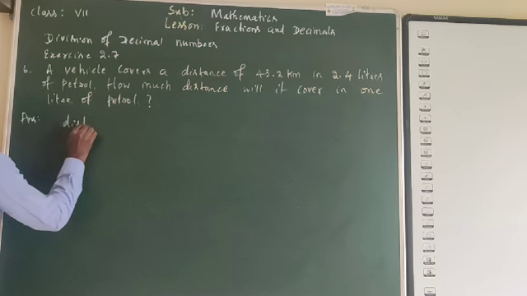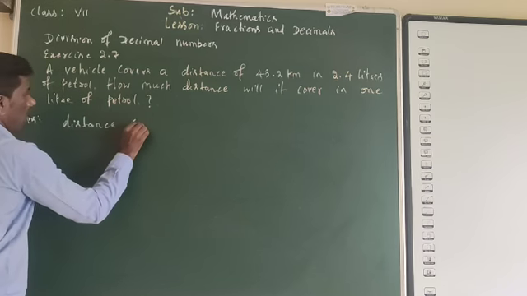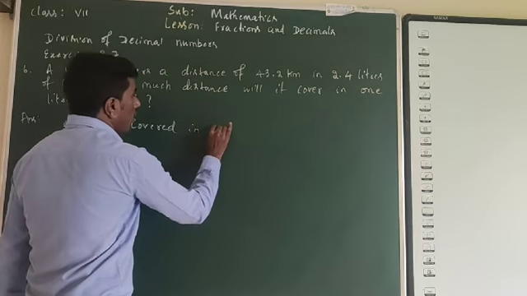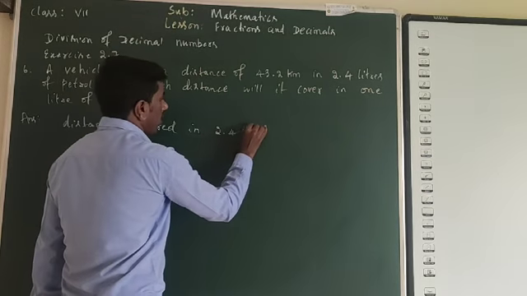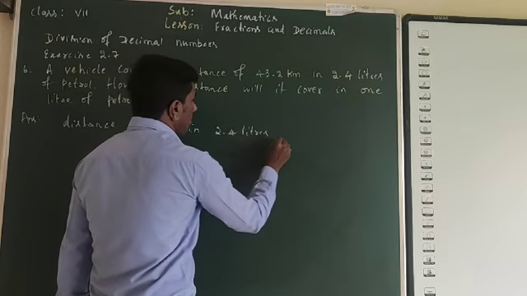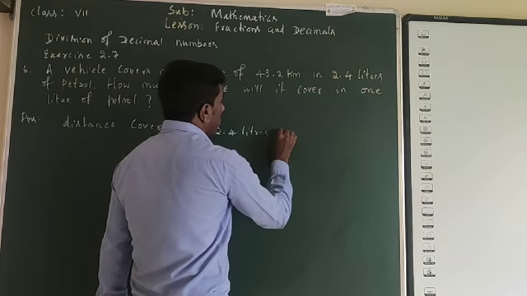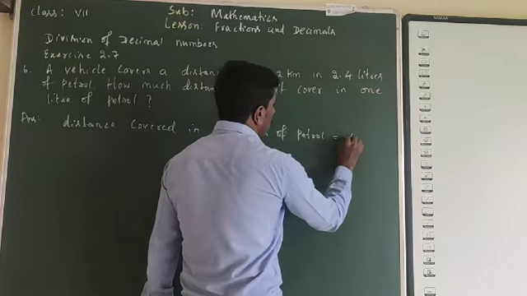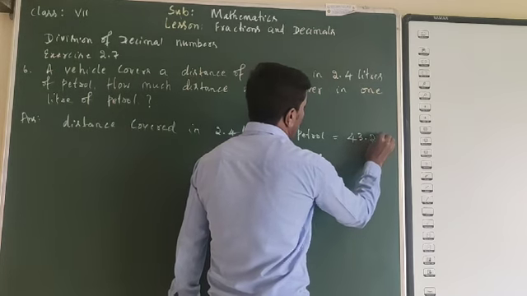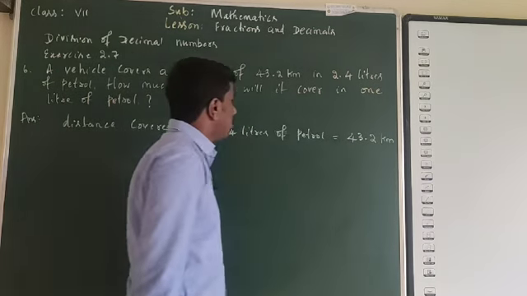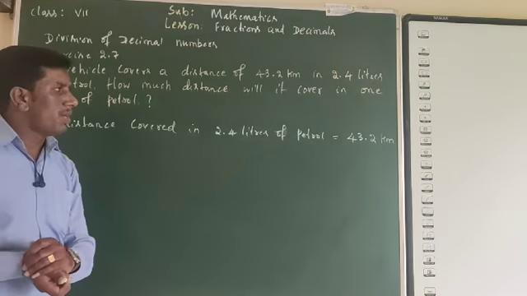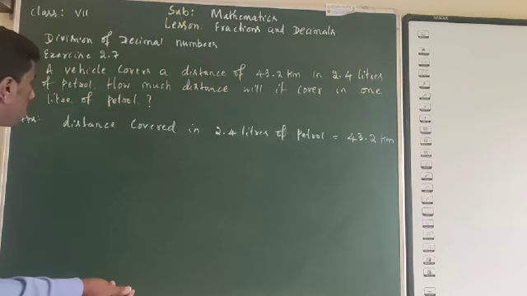The distance covered in 2.4 liters of petrol is equal to 43.2 kilometers.